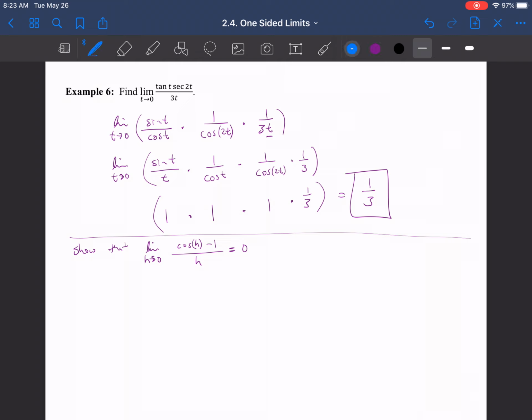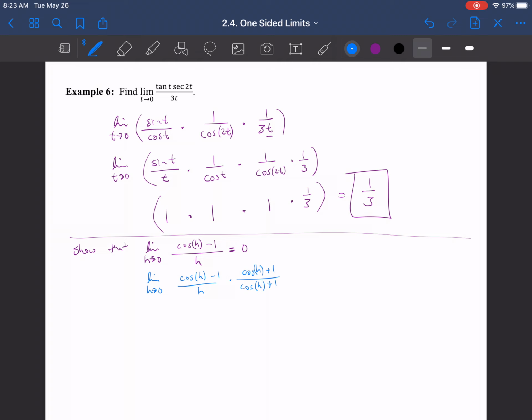I'll do the rest of the solution here in blue. Limit as h goes to 0 of cosine of h minus 1 over h, and what I'm going to do is multiply it by its conjugate. So this is cosine of h plus 1 over cosine of h plus 1.